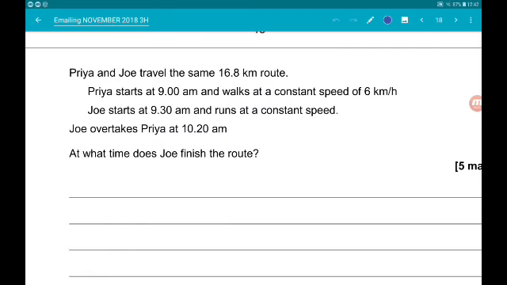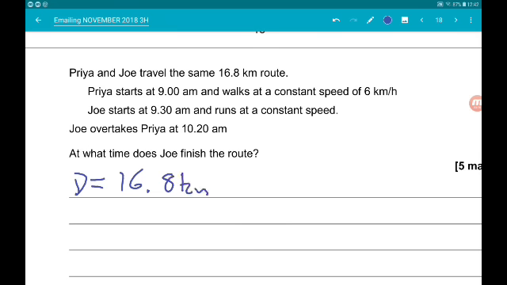Okay, question 21. So quite a tricky one again, 5 marks. So Priya and Joe both travel the same 16.8 kilometer route. Straight away, write down D is 16.8 kilometers.